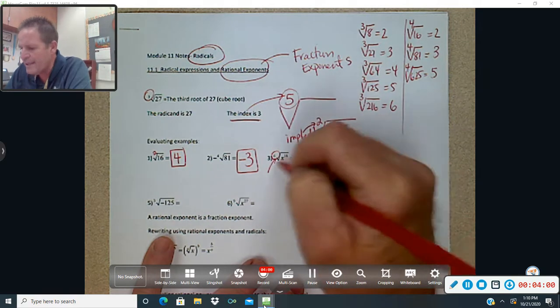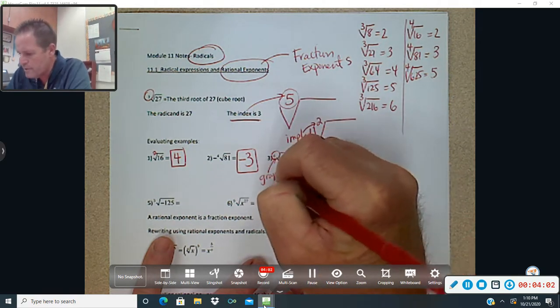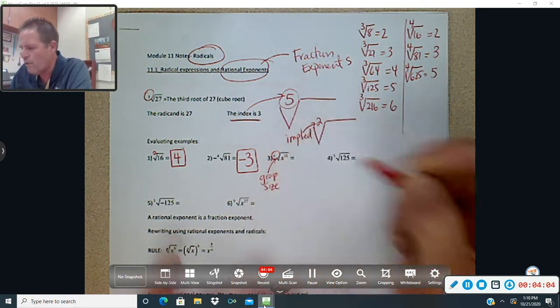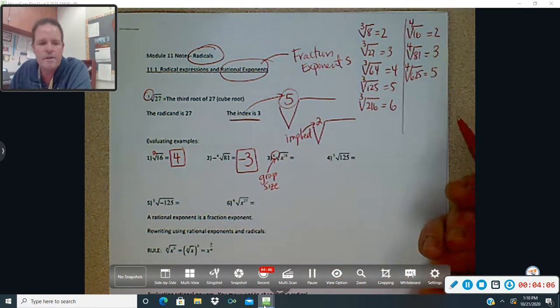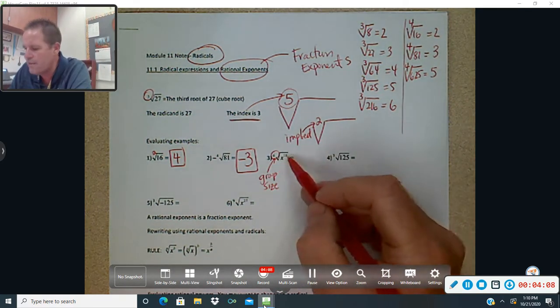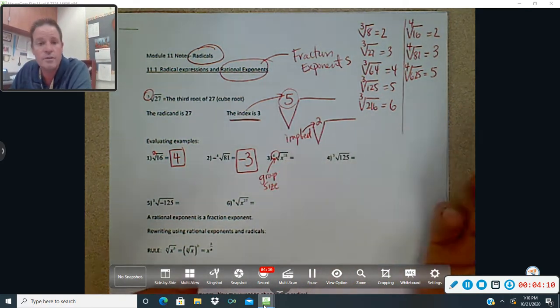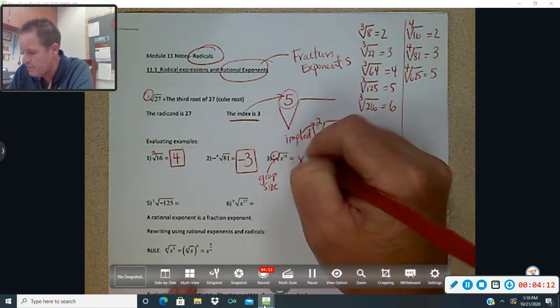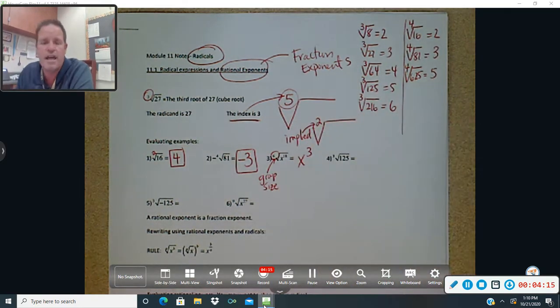But this, with letters, is your group size. So you're looking for groups of 6. Now, how many groups of 6 are there in 18? There's 3. 6 goes into 18 3 times. So that gives us an x cubed for our answer. That's a little tricky. We got some work to do on that.